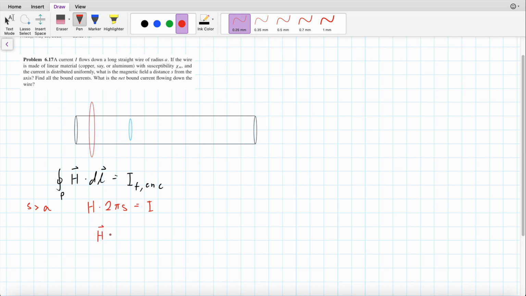So H vector is equal to I divided by 2 pi s, and this will be in the phi hat direction. And I can make this argument based on symmetry, knowing that it can't be flowing in the z hat direction, and it can't be flowing in the s hat direction, so it must be flowing in the tangential direction.